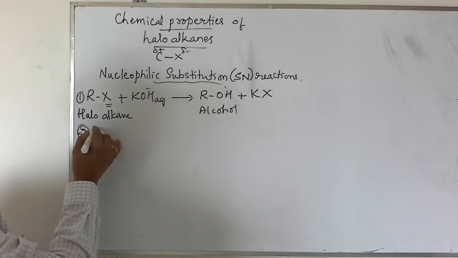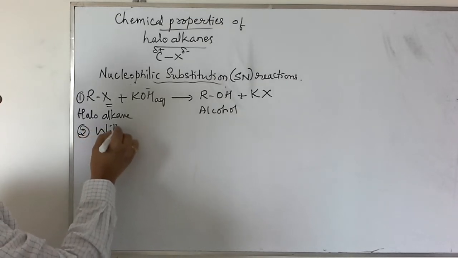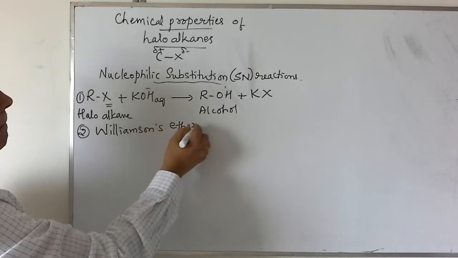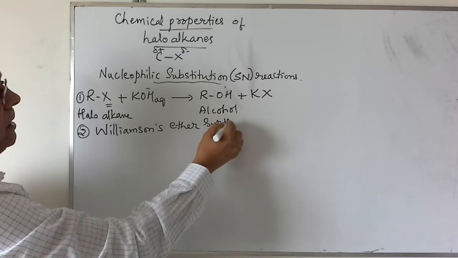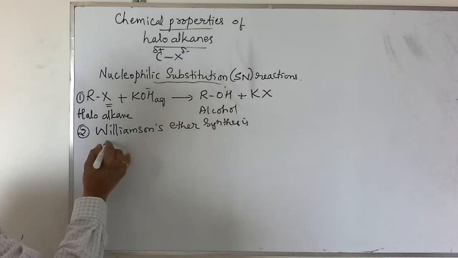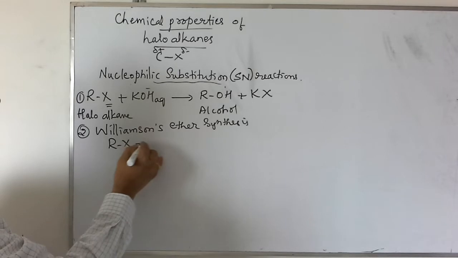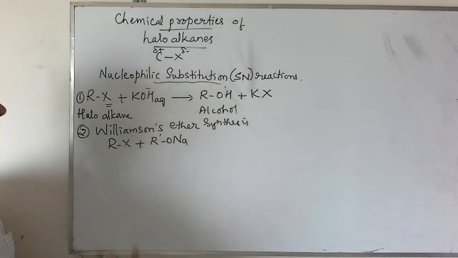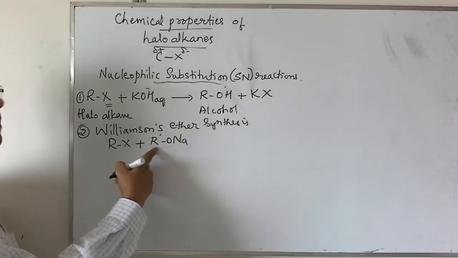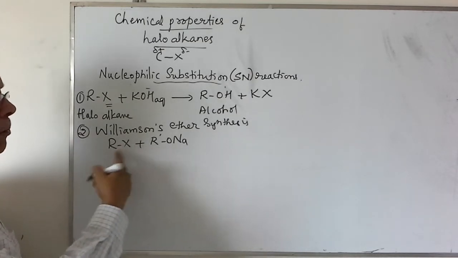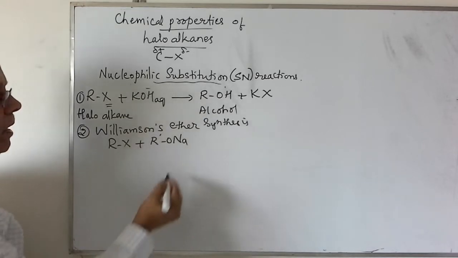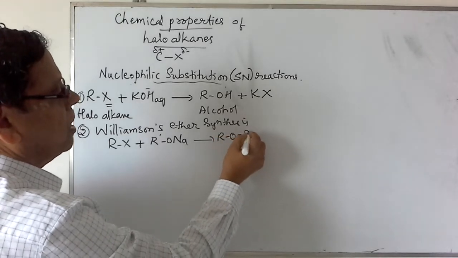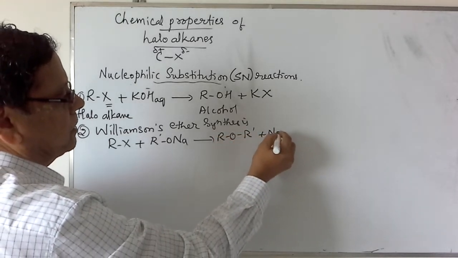Similarly, the second reaction is named as the Williamson's ether synthesis. When you take an alkyl halide and react with sodium alkoxide, which may carry the same alkyl group or a different alkyl group, we have the elimination of NaX giving rise to ROR' plus NaX.